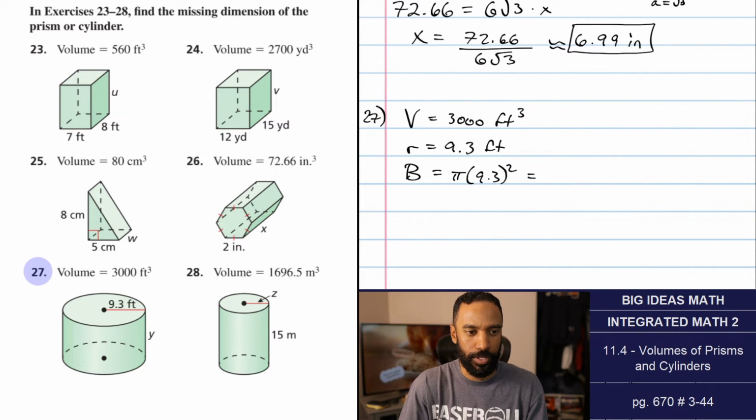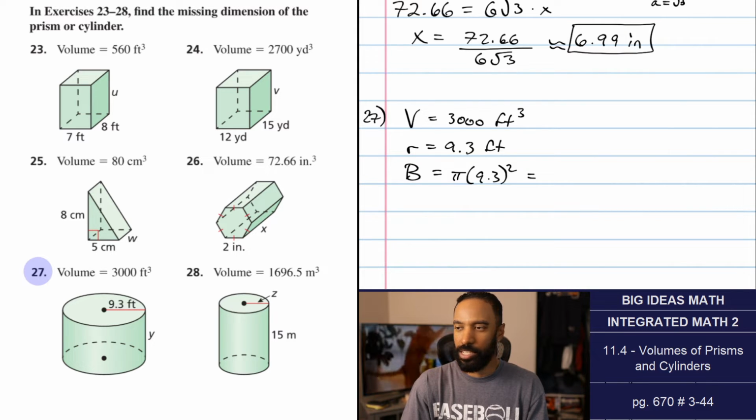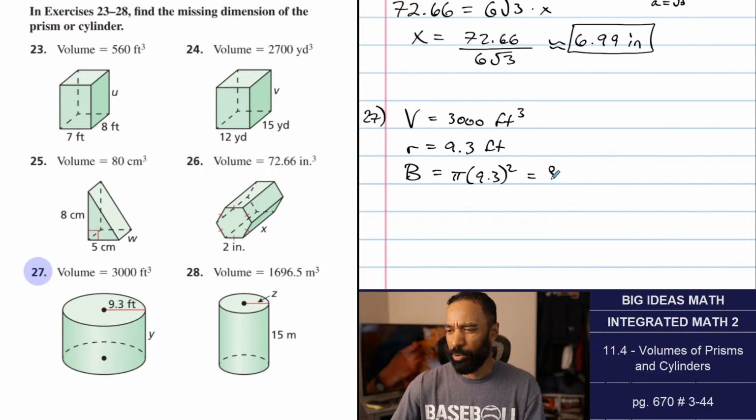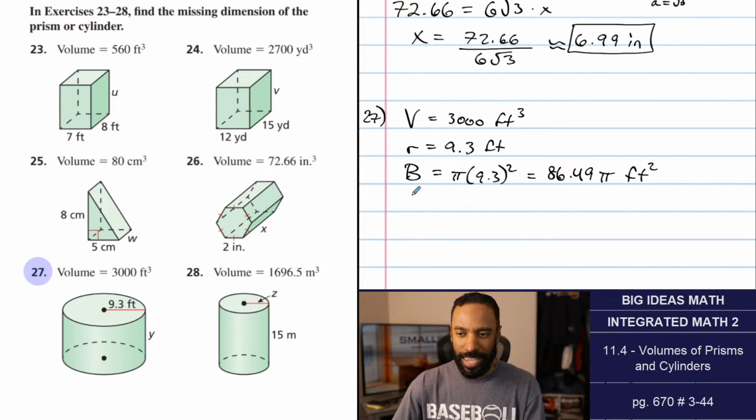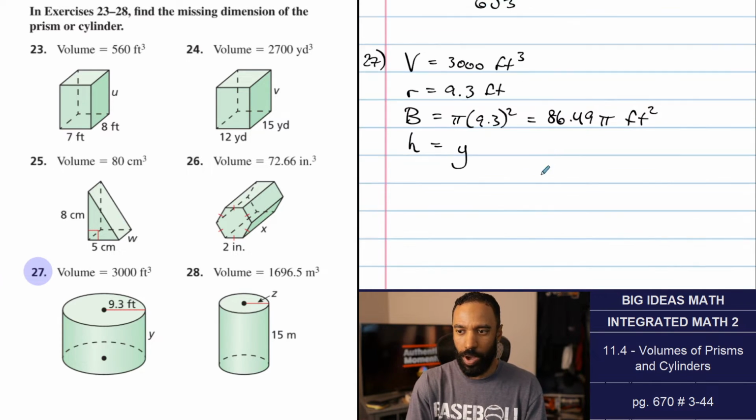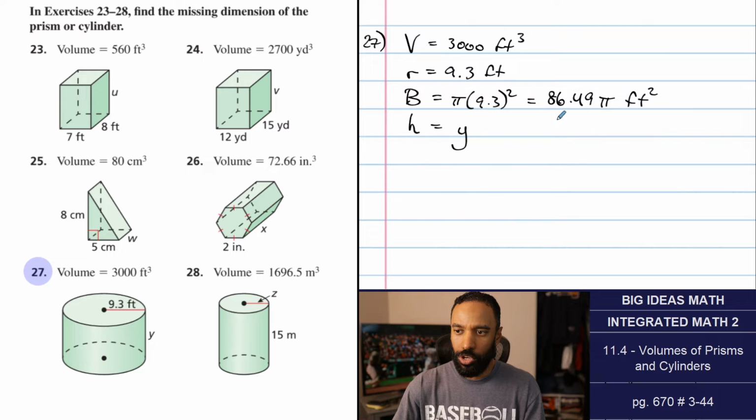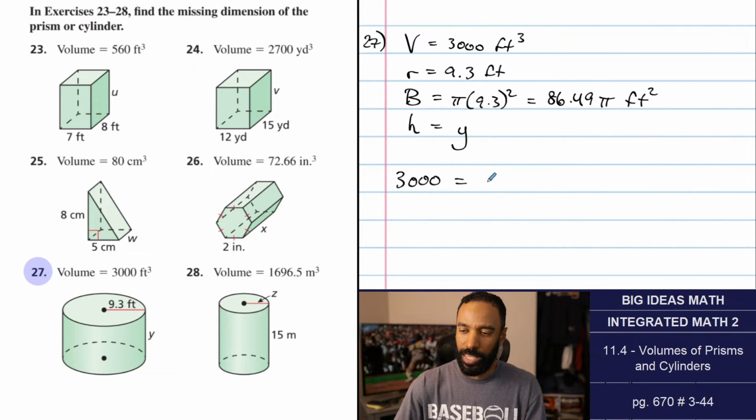I just got to do 9.3 squared here, which is 86.49. Was that the other number before? 86.49? I don't think so. 86.49 pi square feet. And the height of the cylinder is the distance between your circles, which is y, which is the unknown. So volume equals area base times height. 3,000 equals 86.49 pi times y.